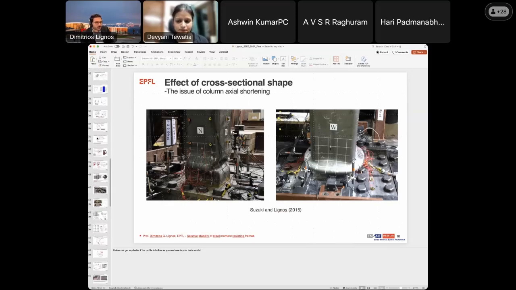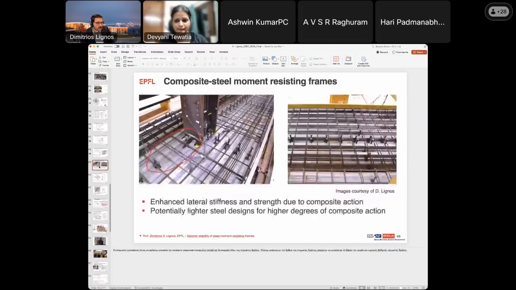Yes. So let me go to this slide. This image that I showed earlier, I think you still see it, right? We have done the same thing. We have not put shear studs within the dissipative zone, which is 1.5 times the depth of the beam.